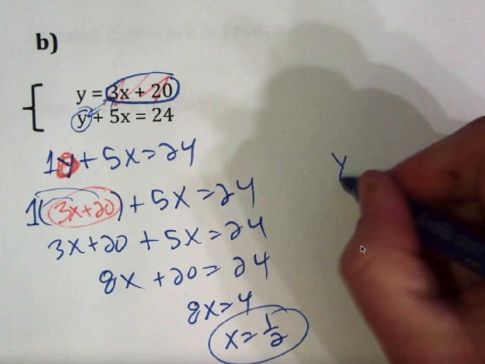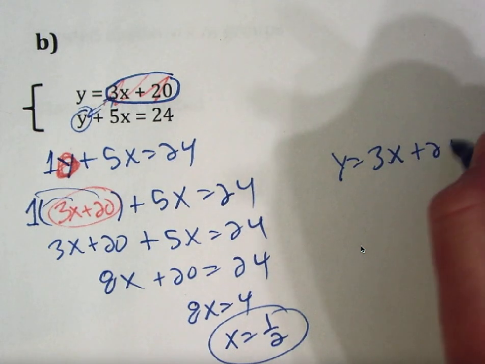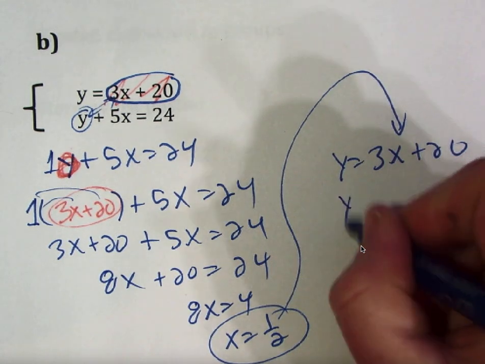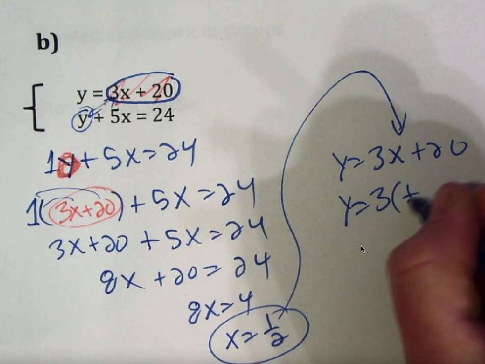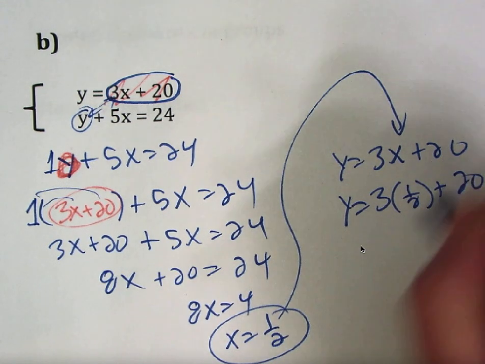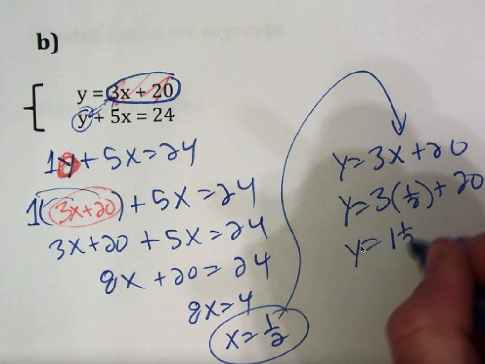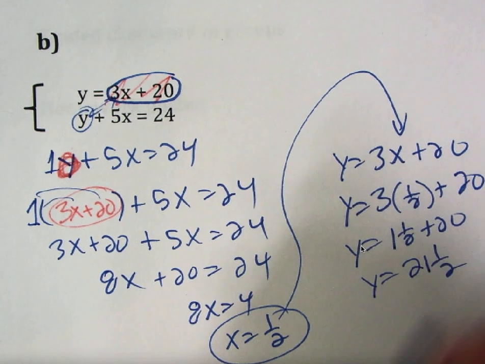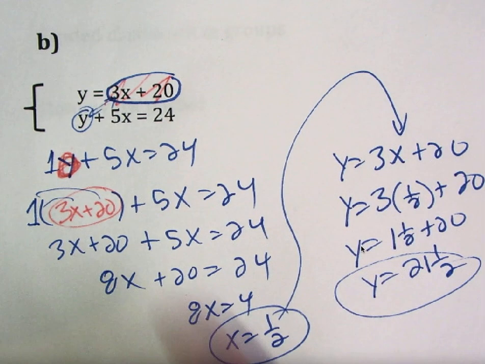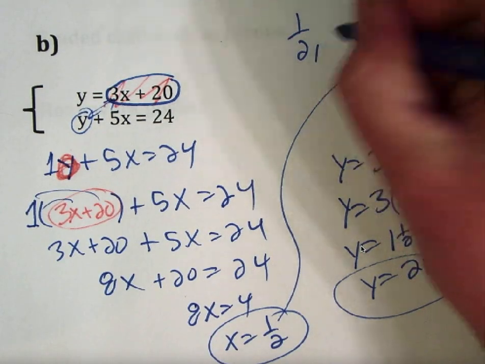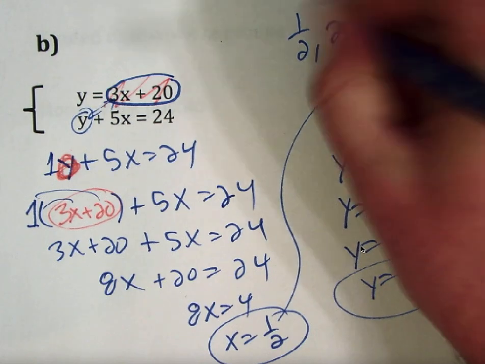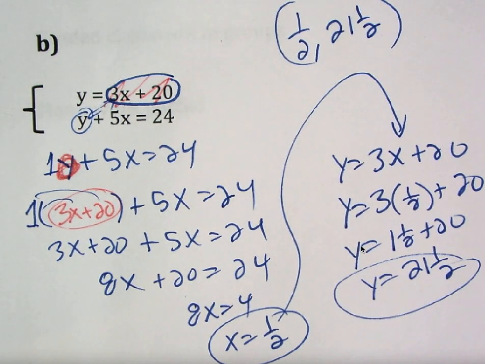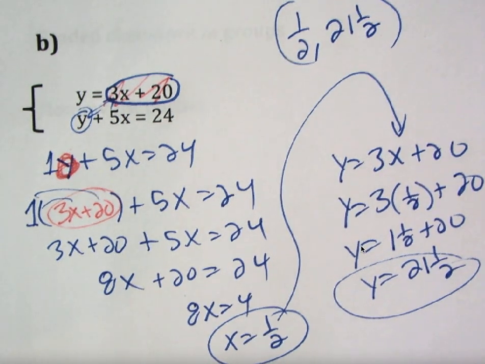And we can choose one of the equations to find the y. So we found that these two lines cross at 1/2, 21.5. Okay, we found the numbers that make both equations true.